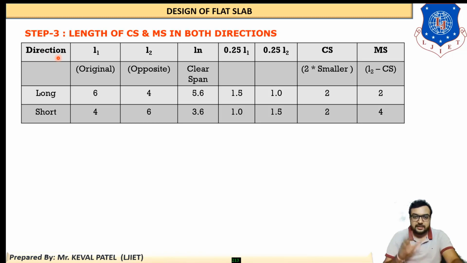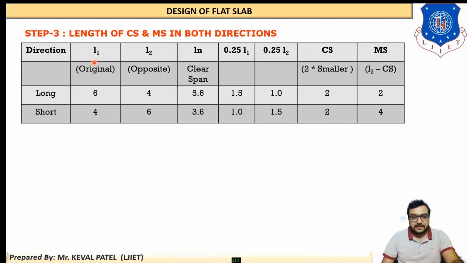In any slab there are mainly two directions. The first one is the long direction, also called the long span, and in the other row it is written as short span or shorter direction.